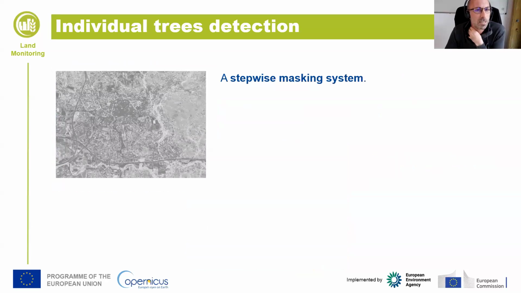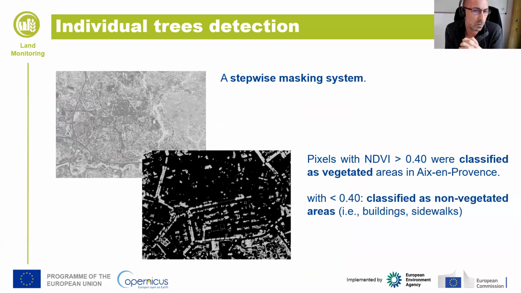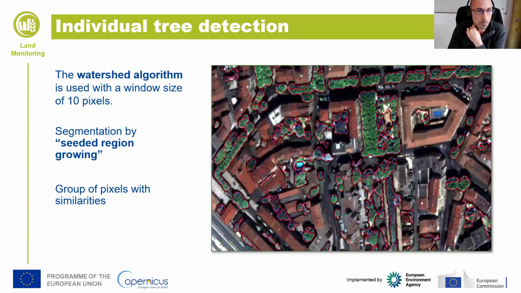For the individual tree detection, we can use a stepwise masking system using the NDVI. In this case, in Aix-en-Provence, we fixed the NDVI threshold between non-vegetated and vegetated areas to 0.40.